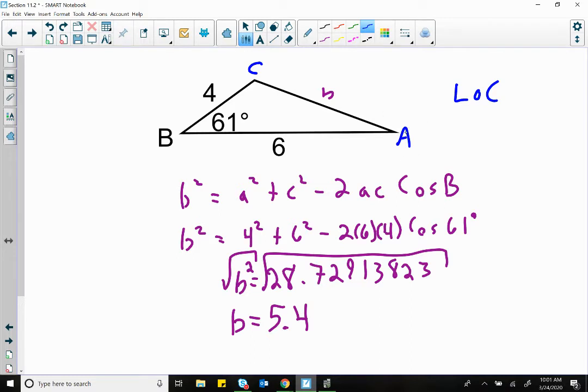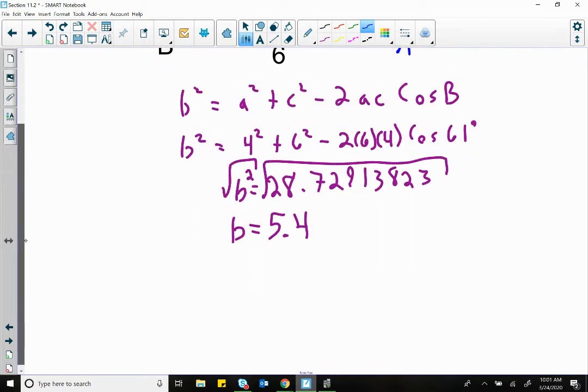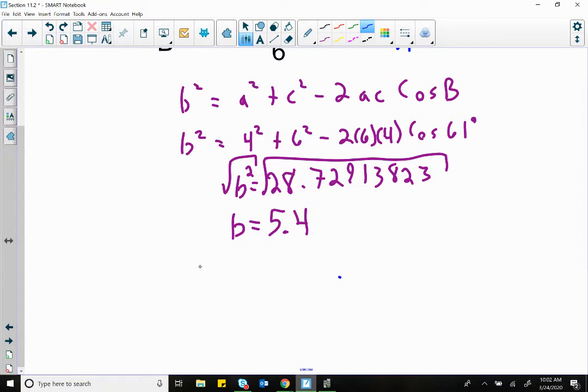And A is my smallest angle. So we're going to have 5.4 all over sine 61 degrees equals my A value, which was 4 all over sine A.